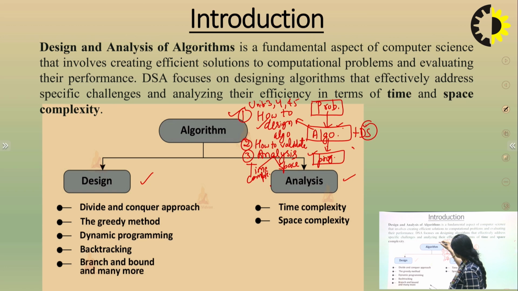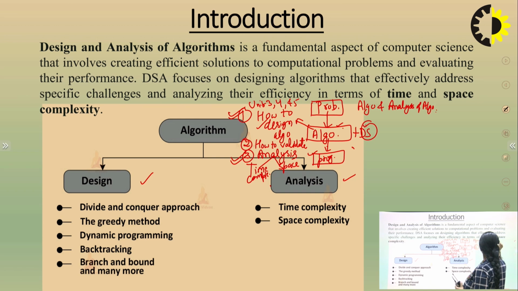Now, the first one and the third one you will study in your syllabus. In unit 1, you have algorithm and analysis of algorithm, and third is complexity.